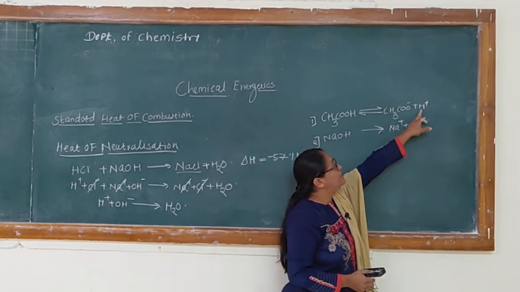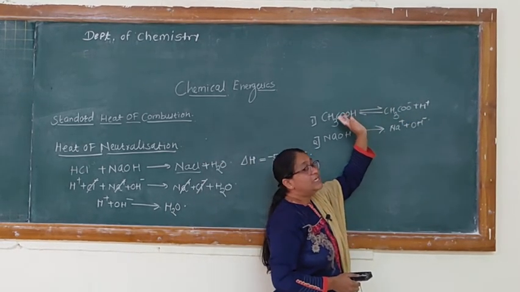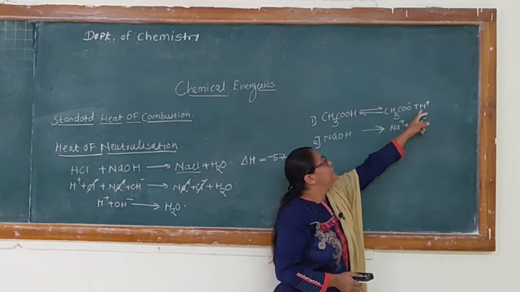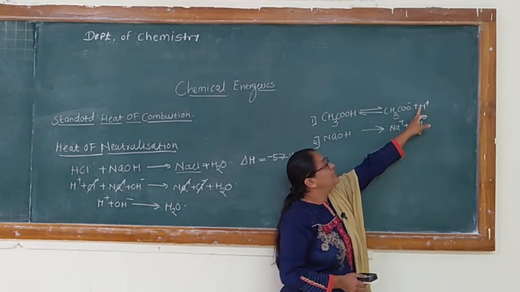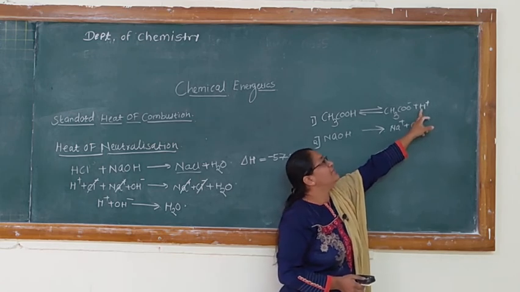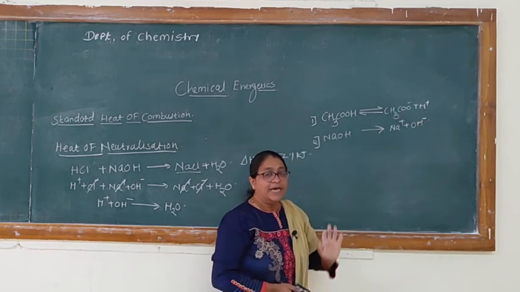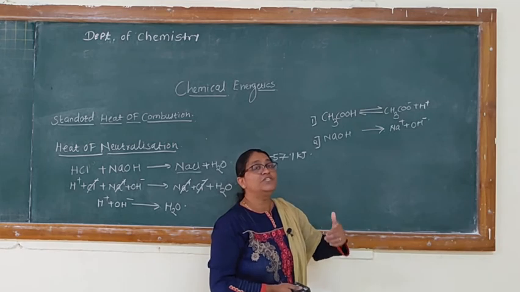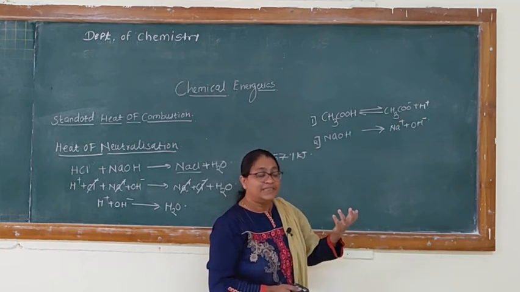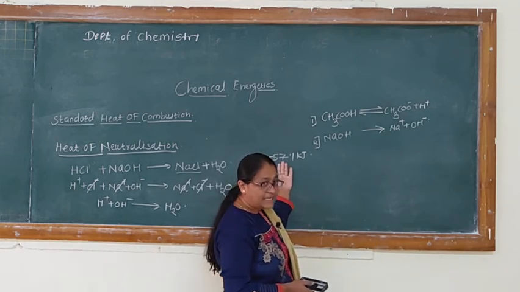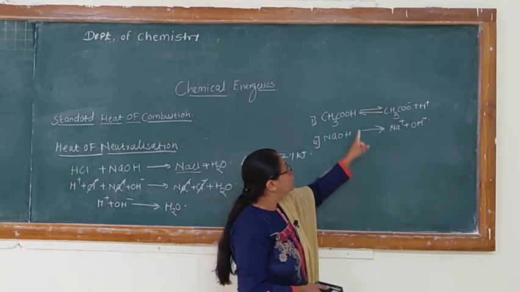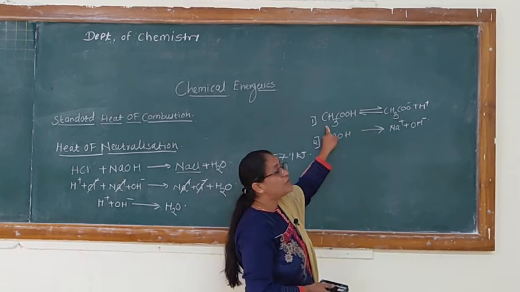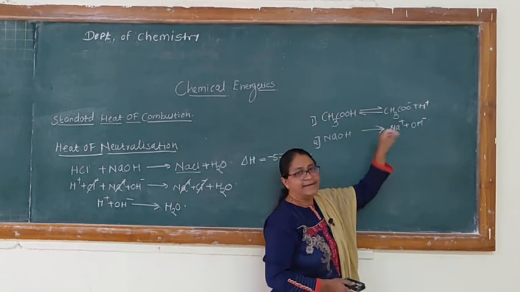During the combination of H plus ions which are formed from the dissociation of acetic acid, these two combine in the neutralization reaction. So during the reaction between H plus and OH minus ion, the amount of heat evolved is again the same, but some of the heat is used to shift the equilibrium of the first reaction towards the right.